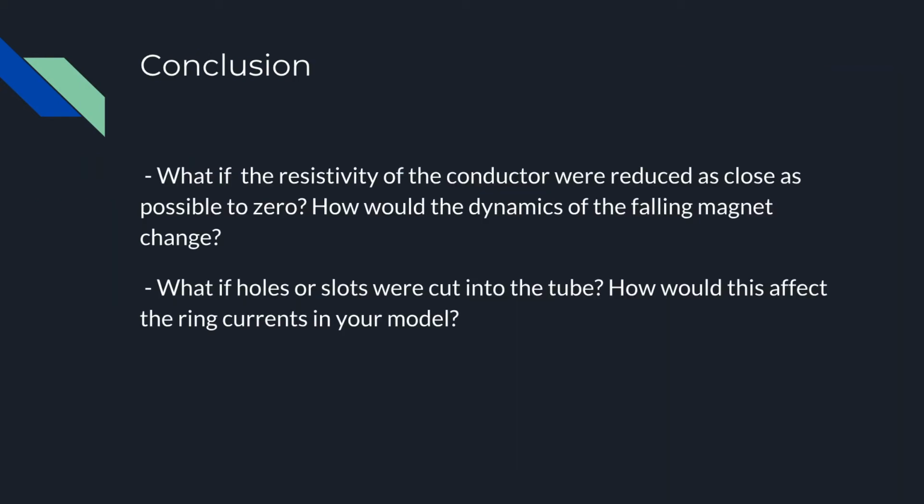So some of the things we can ask ourselves after modeling these situations are the following. For example, what if the resistivity of the conductor were reduced as close as possible to zero? So we know resistivity is proportional to resistance, and we know that current is equal to the electromotive force over resistance, therefore it's inversely proportional to resistance.